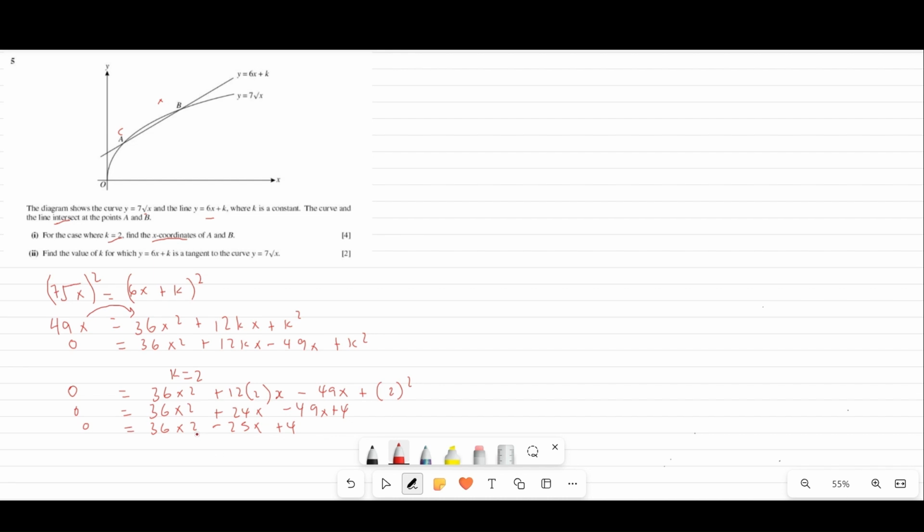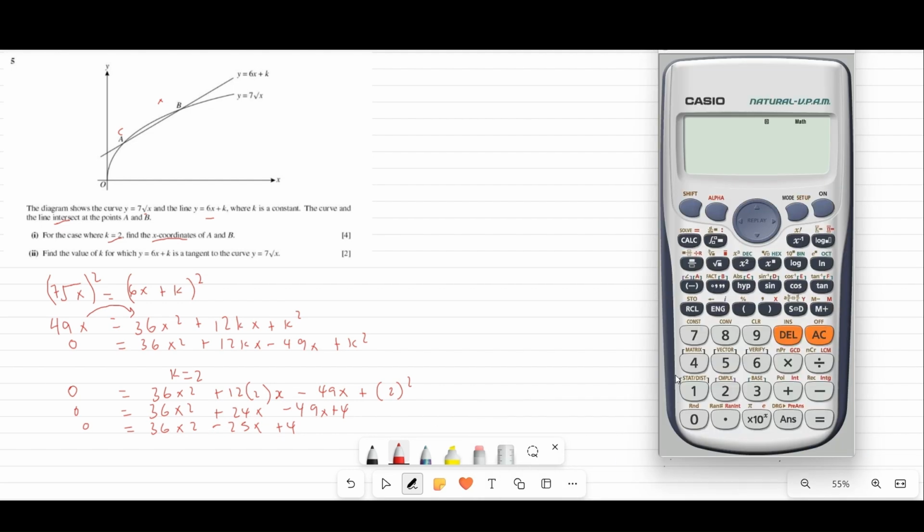Then we need to solve this equation. We can either do it by factorizing or by using the quadratic formula. But in this case, I can see that we do not have any direct factors. There is an easier way to do that, which is what I'm going to show you today.